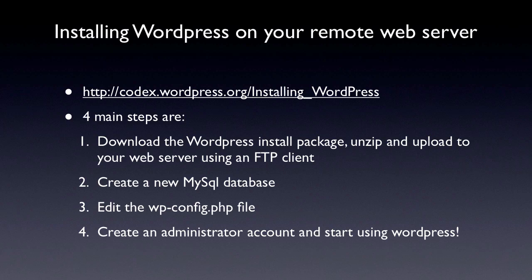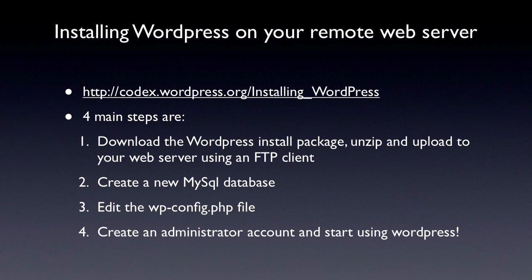There's a link there to WordPress's own instructions on installing it, and I summarized those. So you've got 4 main steps. First is to download the WordPress install package, which will be a zip file. Unzip that and upload that to your web server using an FTP client, and then you'll need to create a MySQL database.